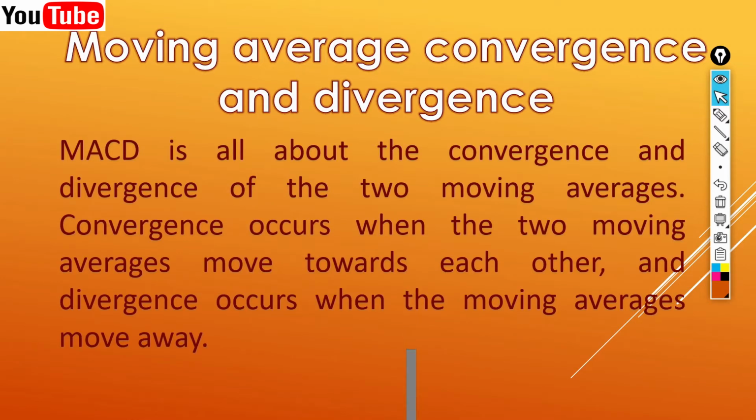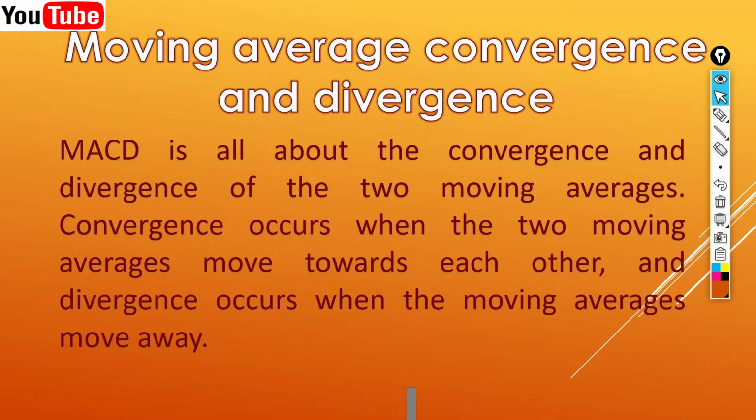So, moving average convergence and divergence. It is a momentum indicator. It is the grandfather of all indicators. It's the oldest indicator. So here you find the 12-day exponential moving average, 26-day exponential moving average, and 9-day exponential moving average.